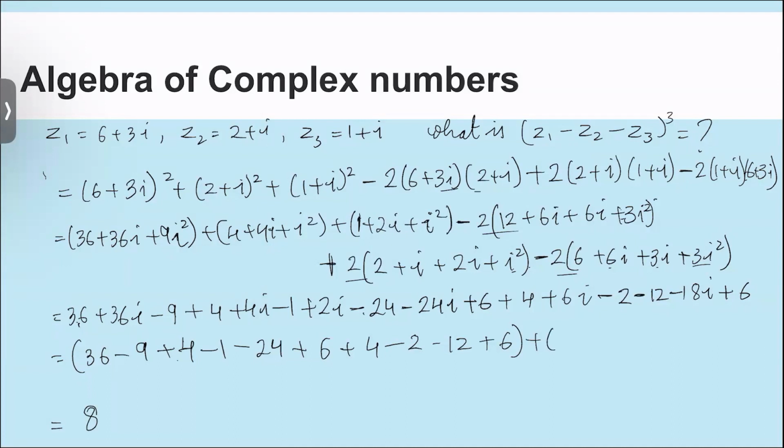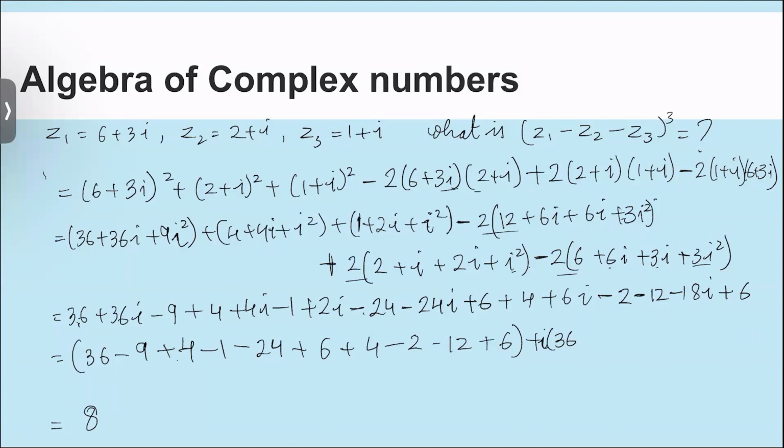Okay, now let's write all the imaginary parts. So you have 36i. We'll write the i outside the bracket.